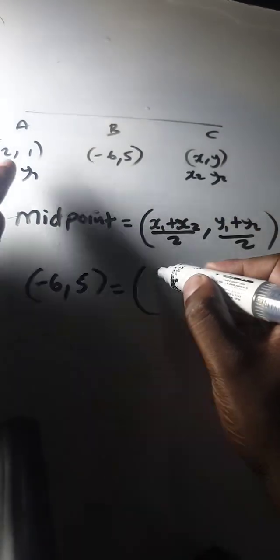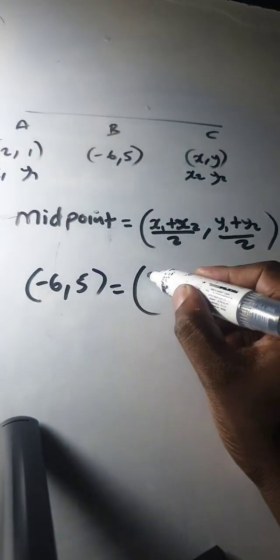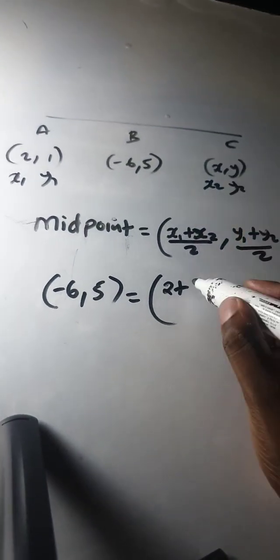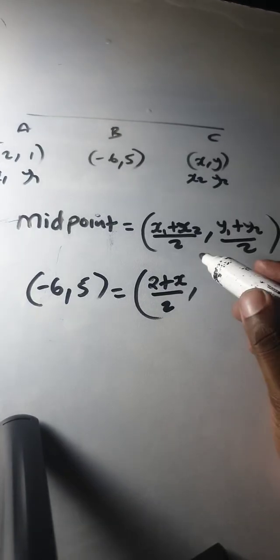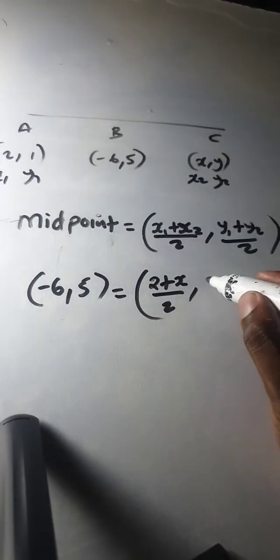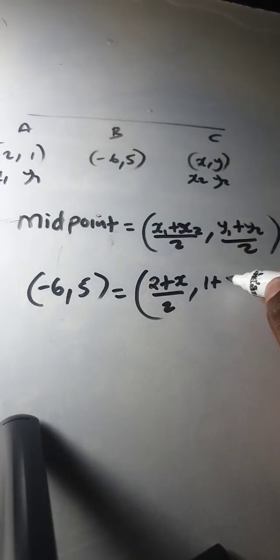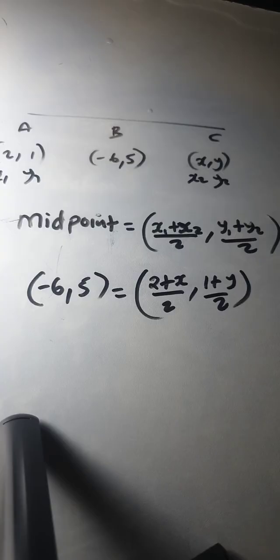So x1 is 2, so we say 2 plus x over 2, comma, 1 plus y over 2.